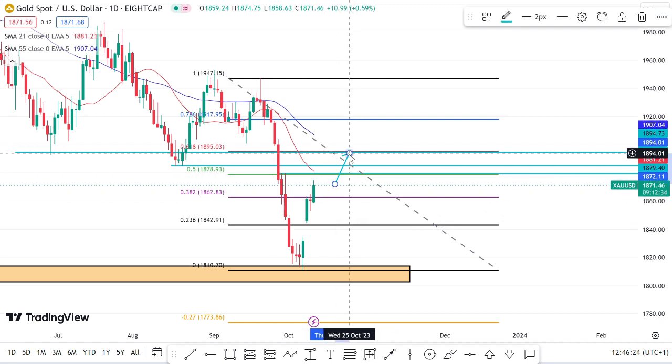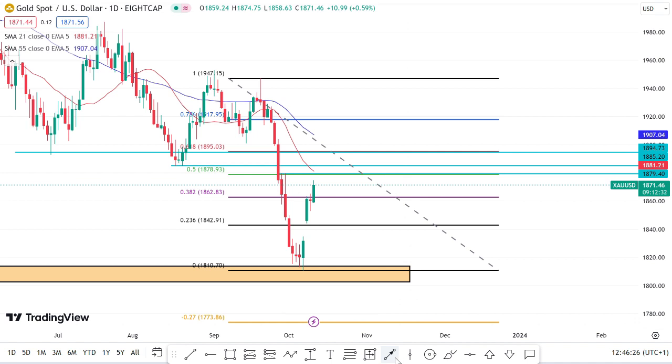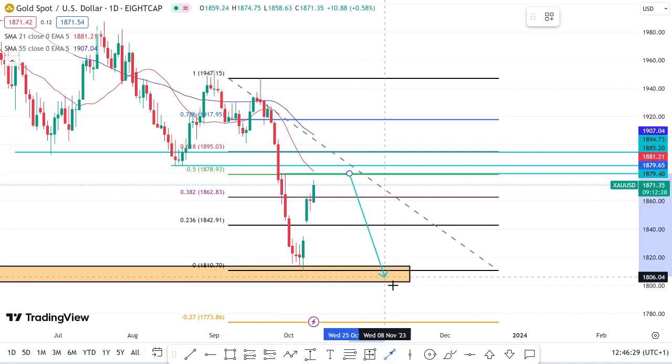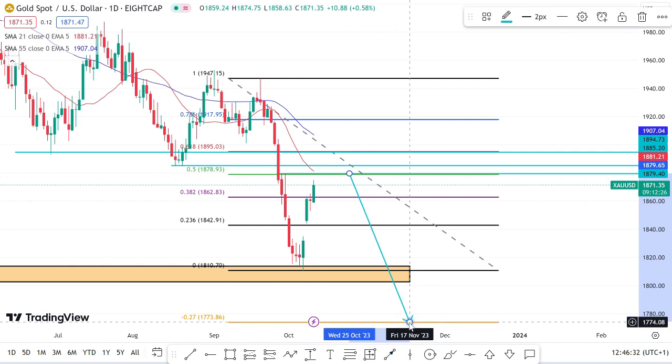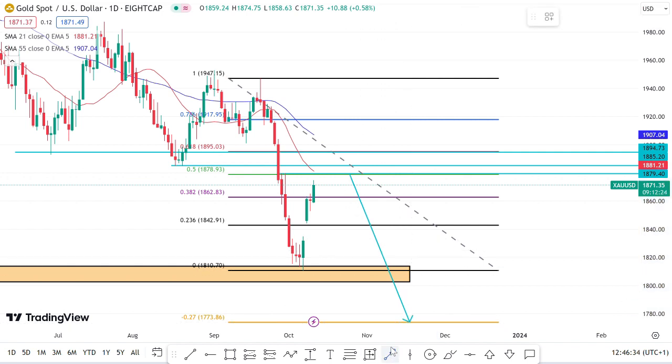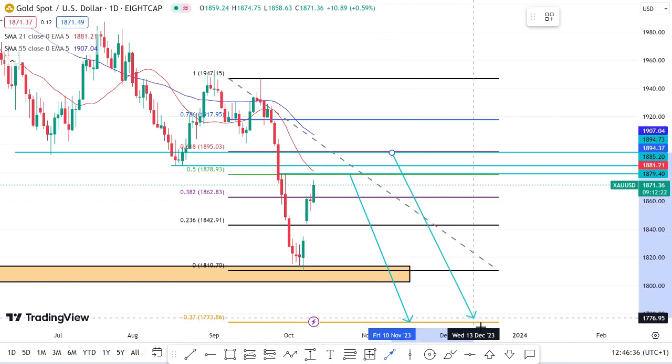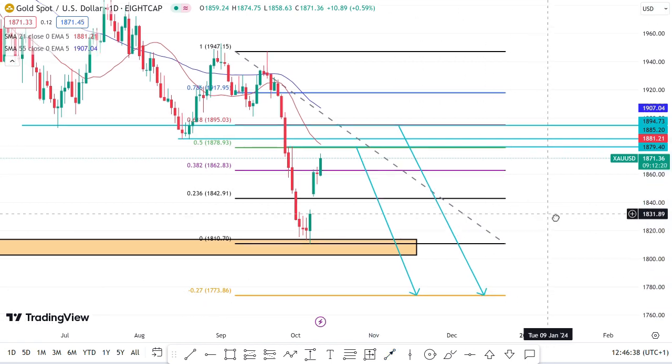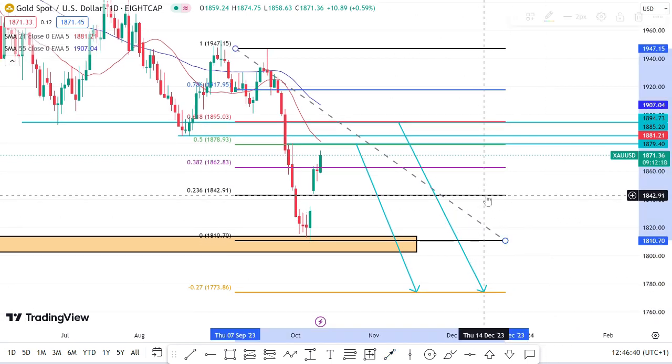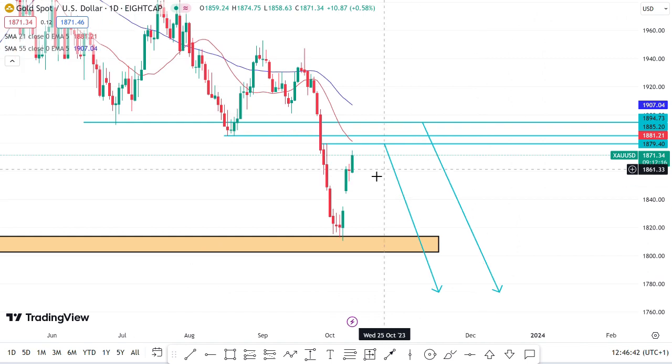So I'm anticipating price to fall from here to the downside, or we are going to see something like this to the downside, guys. So this is what I'm anticipating over here.